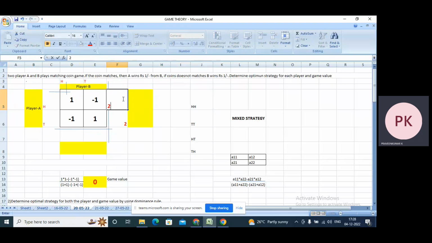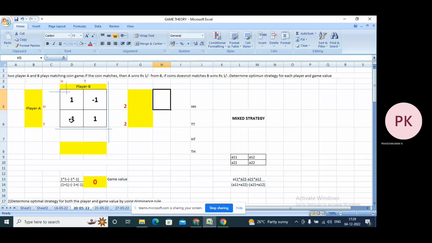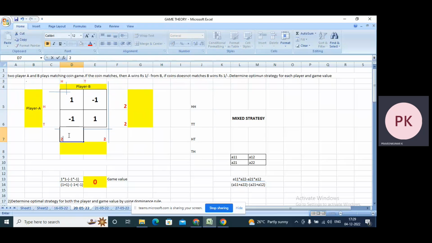I'll write it in the first row. Now go vertical, column wise. 1 minus of minus 1 is plus 2. I'll write it in the second column. Then go from the bottom side. 1 minus of minus 1 is plus 2. I'll write it in the first column.